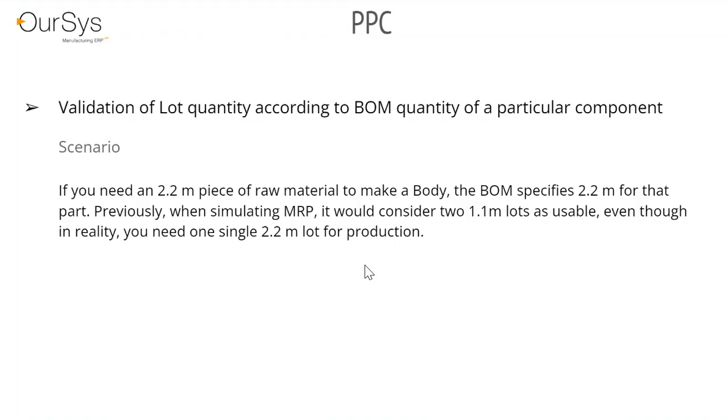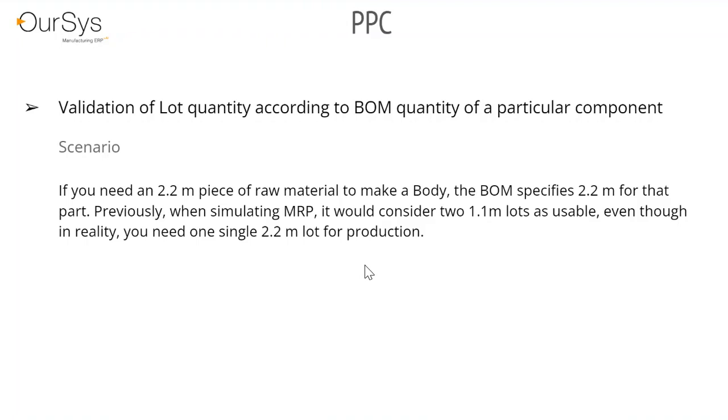In the past, while running material requirement planning in the system, it would immediately think that, for example, if there are bars of length 1.1 meter each, the system will directly allocate them, instead of thinking that they are two separate bars and cannot be used. So now in this version of ERP, there is a feature called validation for lot.